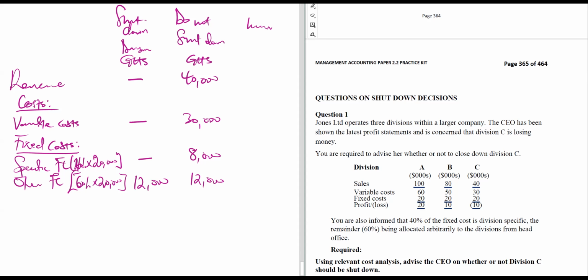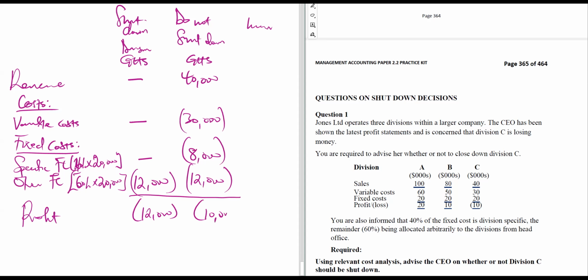So if we put it together, these ones are all costs. If we consider profit, this one results in a loss of 12,000, but this one results in a loss of 10,000, right? Resulting in an incremental of 2,000, right? And which is better?